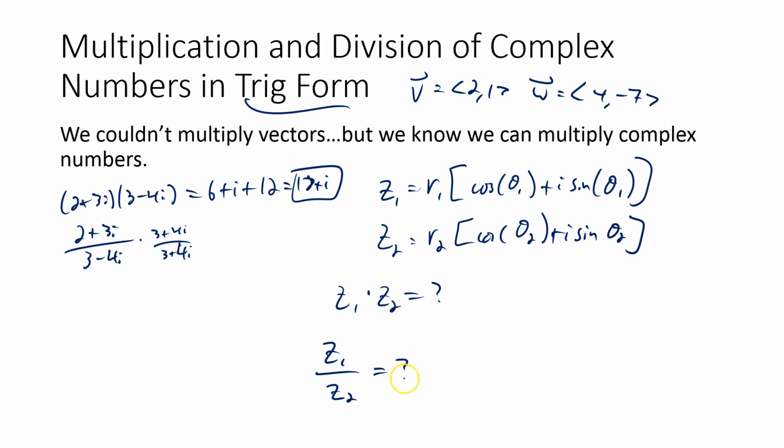And right now, looking at this, you could be thinking, oh man, we're going to have to do a lot of multiplication and foiling and stuff. I'm actually going to do a lot of that for you. And of course, that sounds a lot like something that requires a proof hat. So I'm going to write what I just wrote again. z1 is r1 times cosine theta 1 plus i sine of theta 1.